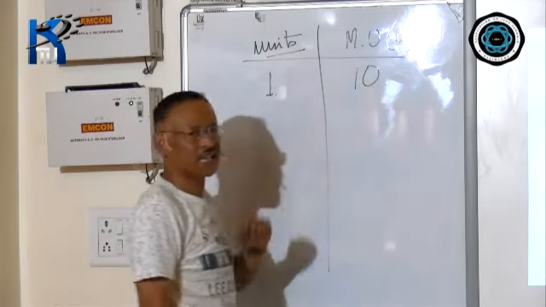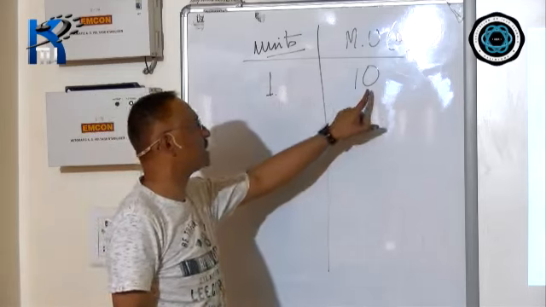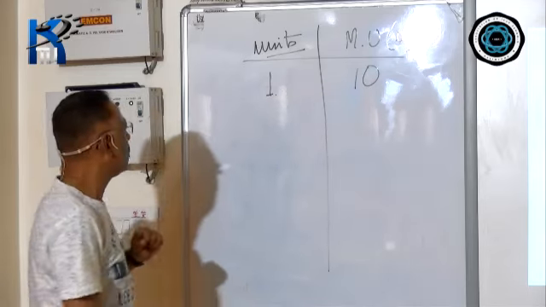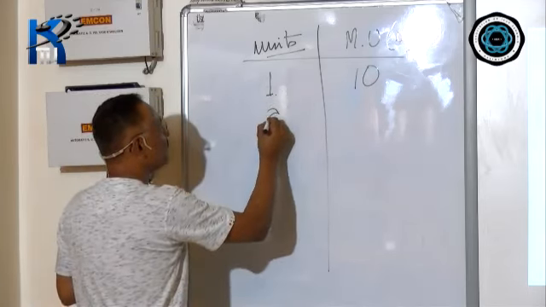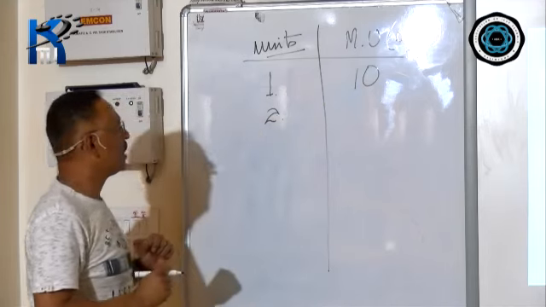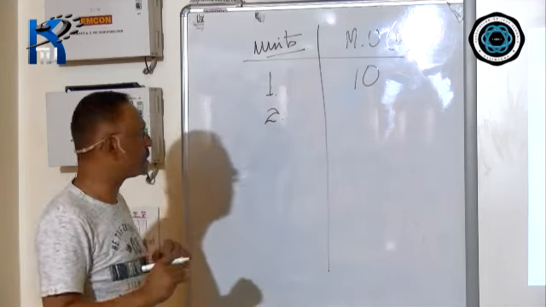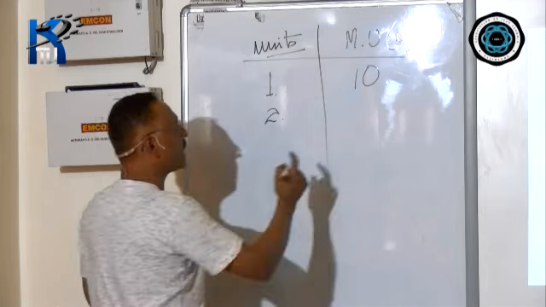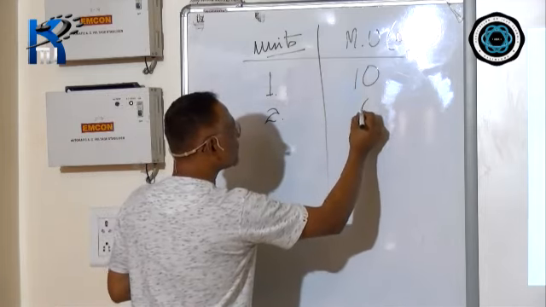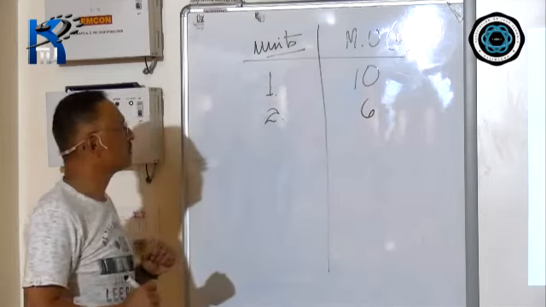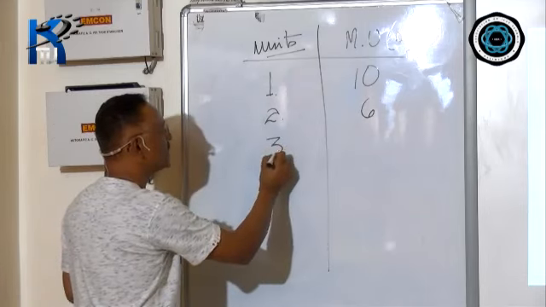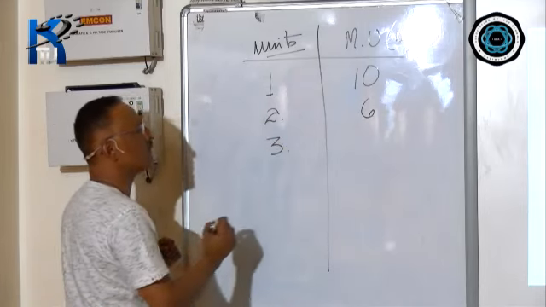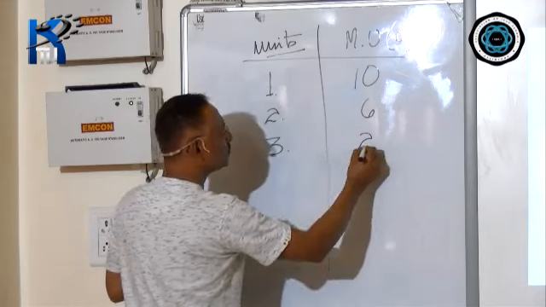When you had the second unit, your satisfaction has decreased. So let us say your satisfaction is just 6 utils. Then when you had the third slice of bread, your satisfaction was 2.